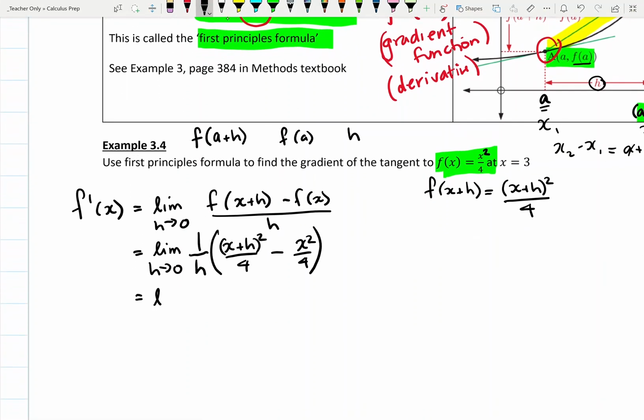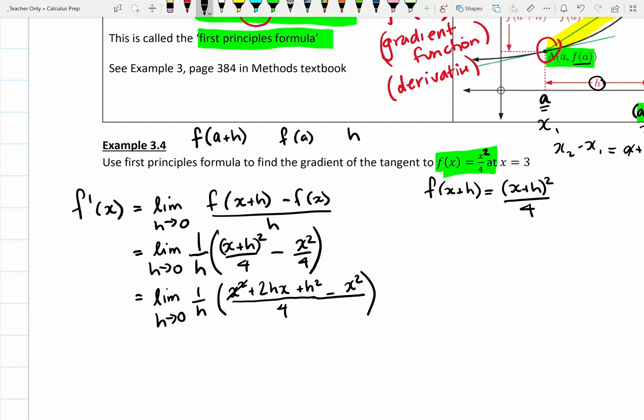We still haven't done anything with the limit statement, so we write that down, 1 on h. Now, the left-hand term is going to be x squared plus 2hx plus h squared on 4 minus x squared on 4, so we can extend our denominator because they're both divided by 4.